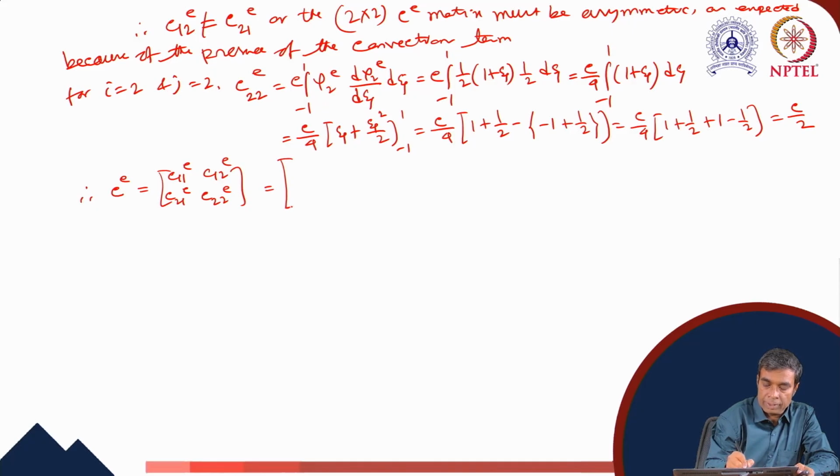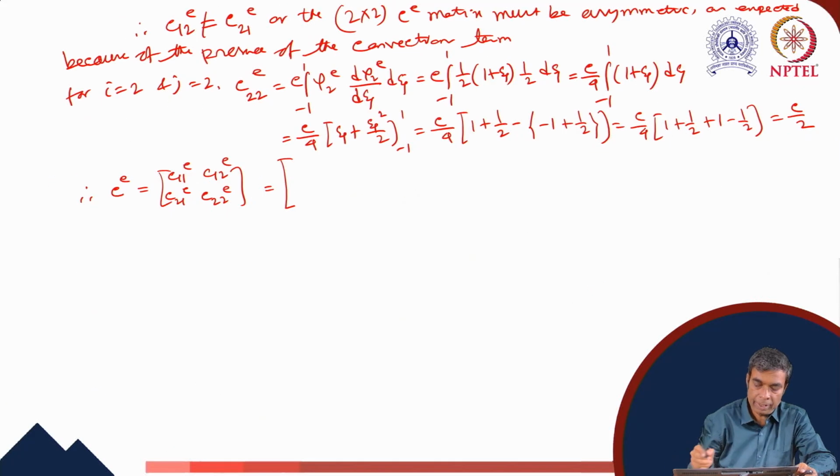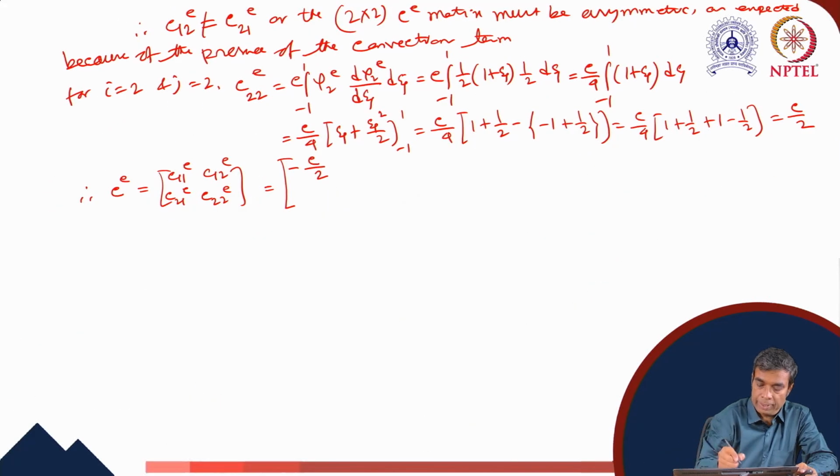So the first term, C11E, was minus C by 2. The second term C12E is C by 2, and C21E is minus C by 2. So we get C by 2, minus C by 2, and C22E is C by 2.